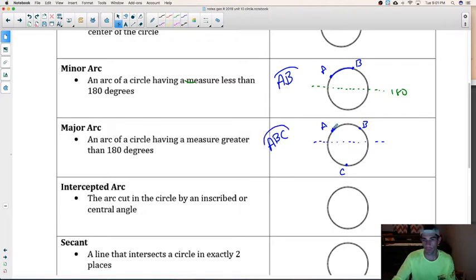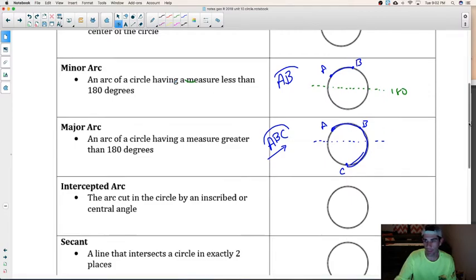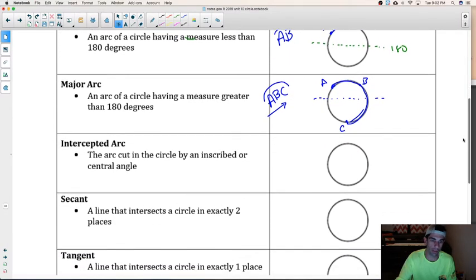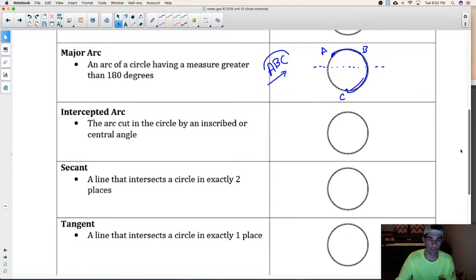So that would go from A, and you got to kind of move in that direction, like you can't go A, C, B. You go from A to B to C. And you see how I went past 180 degrees? Because it would be kind of like right there, that's 180. And you went past it. So that's arc ABC.